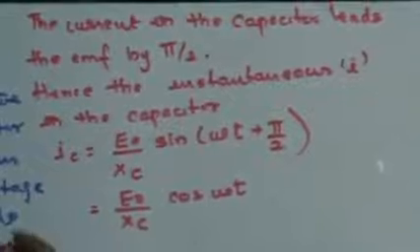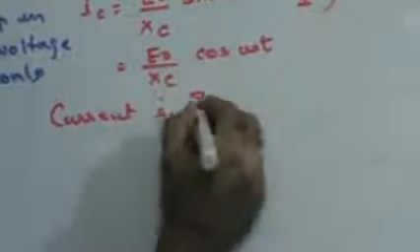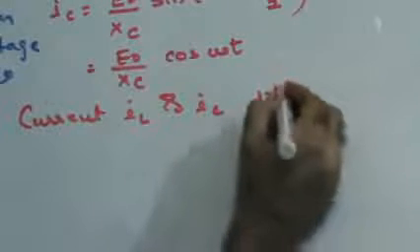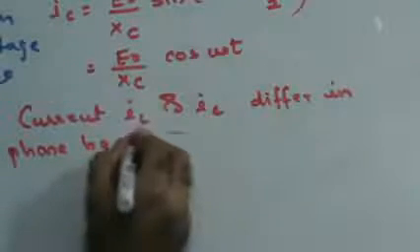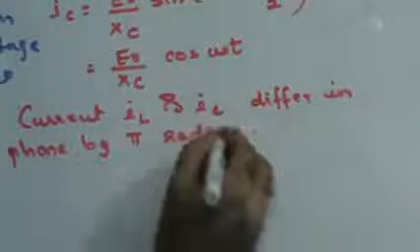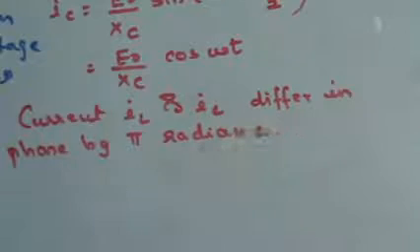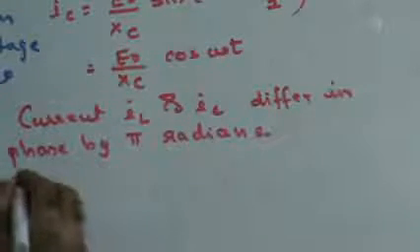Therefore, currents IL and IC differ in phase by pi radians.